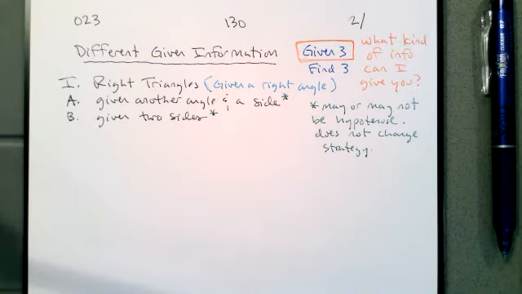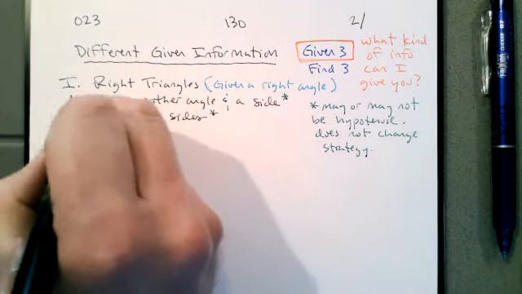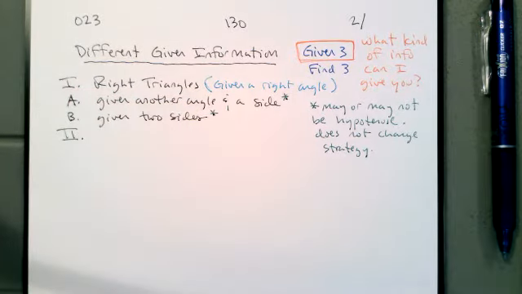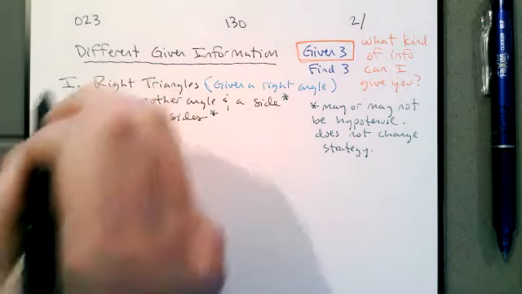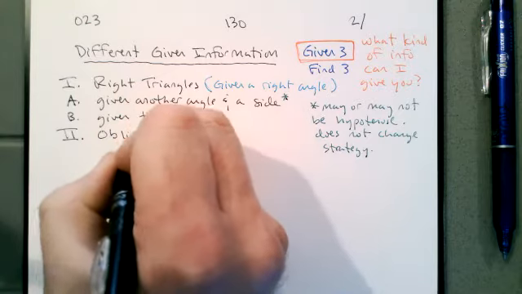Oh, the other big category that we're going to look at is oblique triangles, where you're just not given a right angle. Then I have to give you either three sides, two sides and an angle, or two angles and a side. So I just have to categorize the information a little bit differently. So big category two. For those of you who do not like having outlines with only one entry in them, is going to be our oblique triangles.